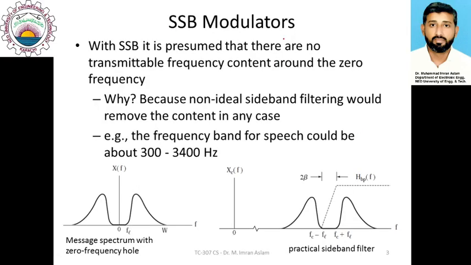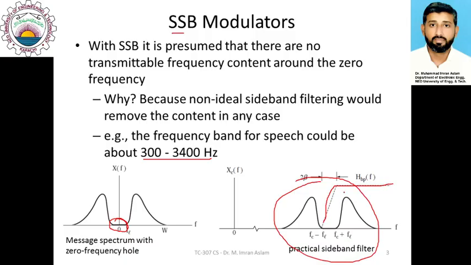So mostly we use SSB signal where the frequencies near zero do not have significant information content. For example, speech signal. Speech signal has information content starting from 300 hertz to 3400 hertz. You can see that there is no significant information content from 0 to 300 hertz. So for such signals we can use SSB modulator. This is the double sideband and this dotted line represents the filter response.